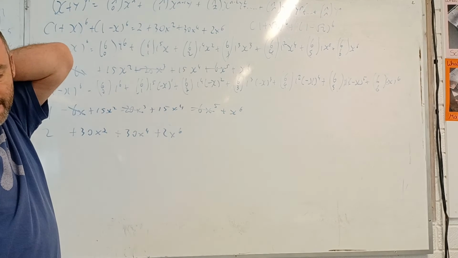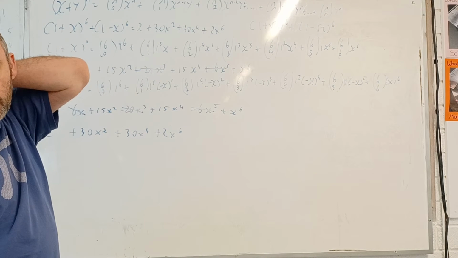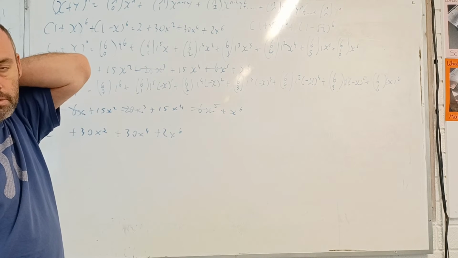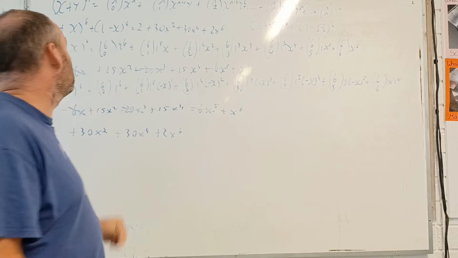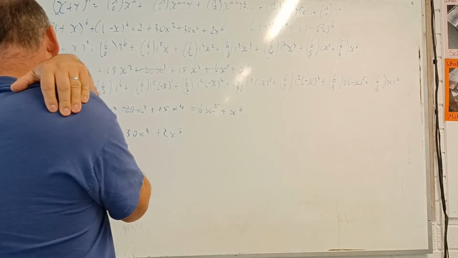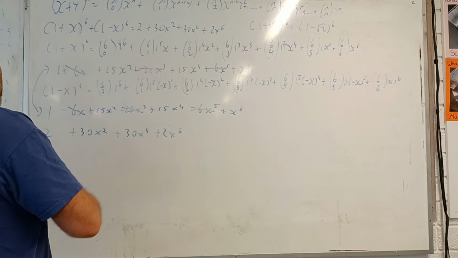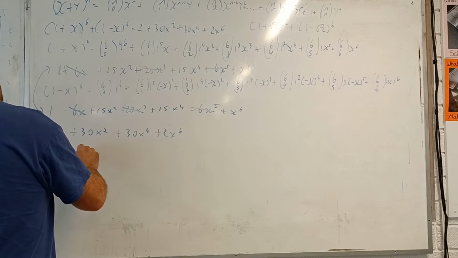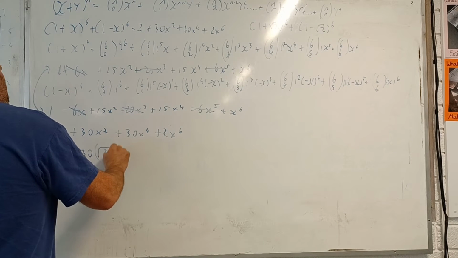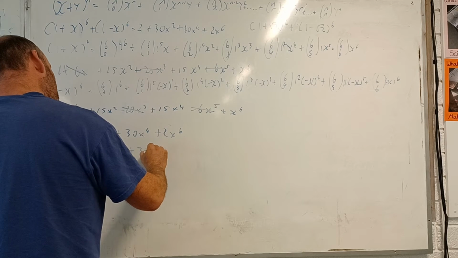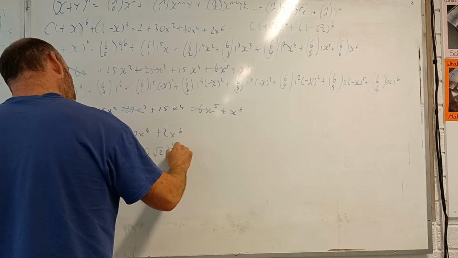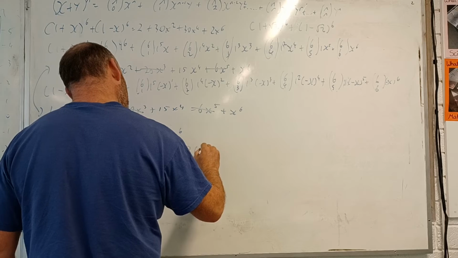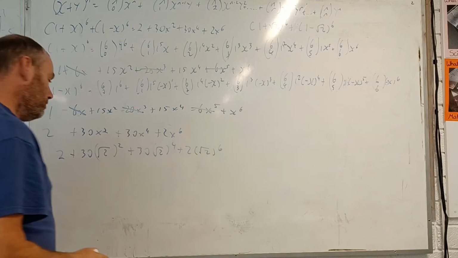And that's all. So you'd let root 2 equal x on both sides. But anyway, we sub them in, so we're going to have 2 plus 30 by root 2 squared plus 30 by root 2 to the power of 4 plus 2 by root 2 to the power of 6. Okay?